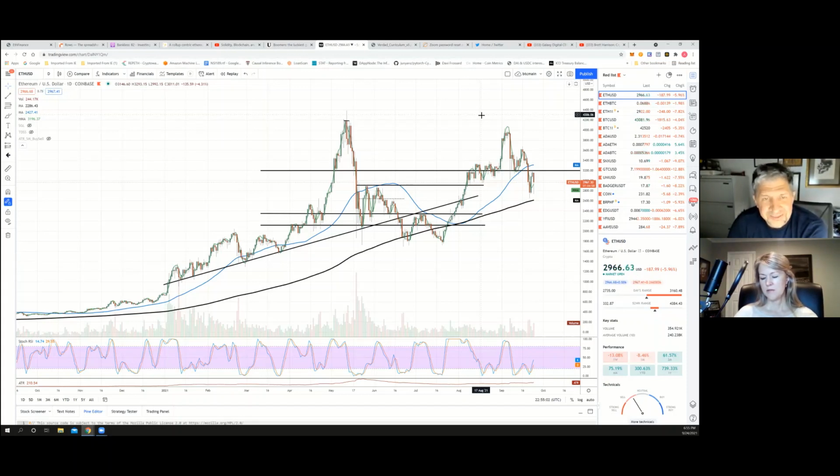And so the price is completely tied to the security of the network. There is no security of the network without a high price. And so there is an incentive to keep the price high.